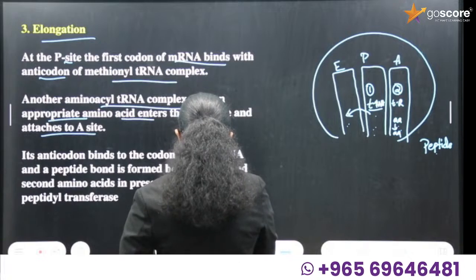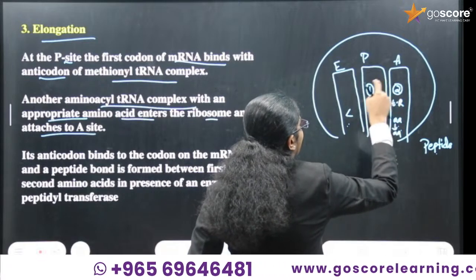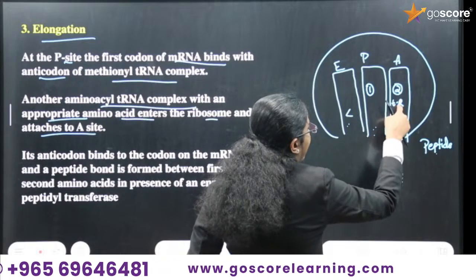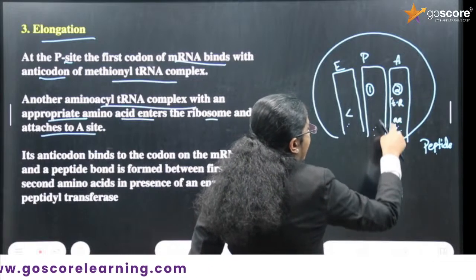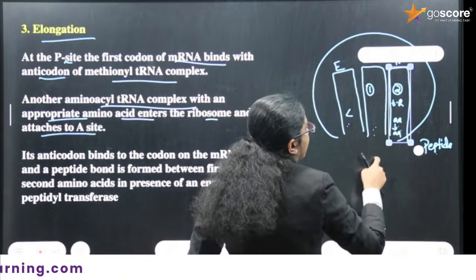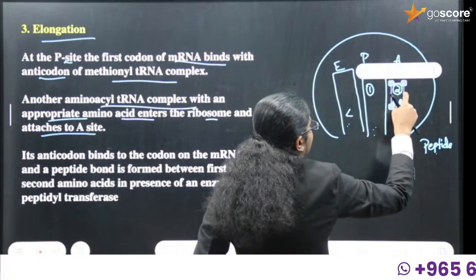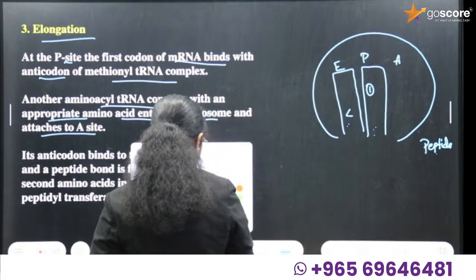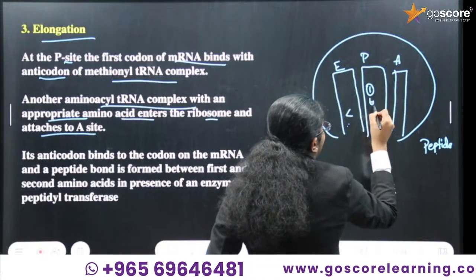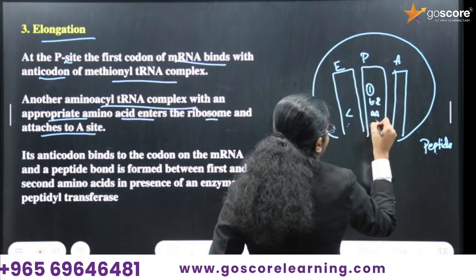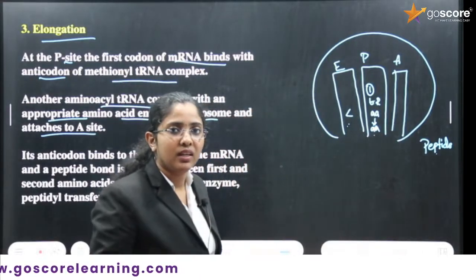There is no tRNA now in the P site. The tRNA which carries the two amino acids is now present at the A site. The A site is free now, right? The A site is completely free.